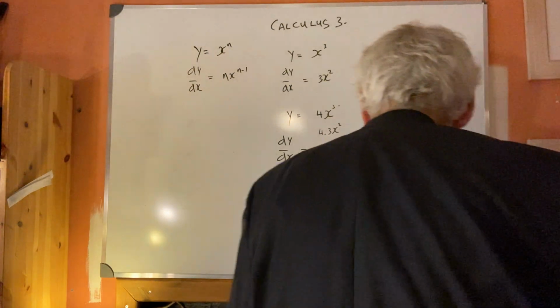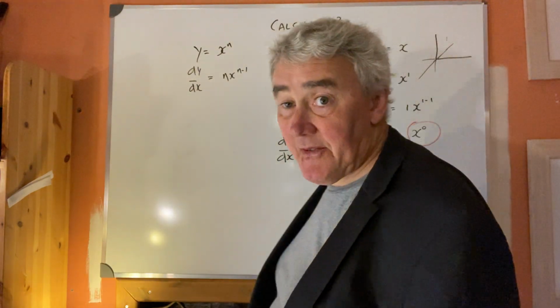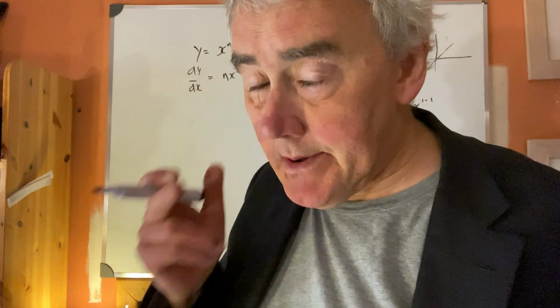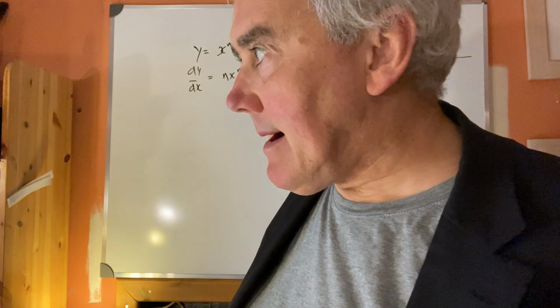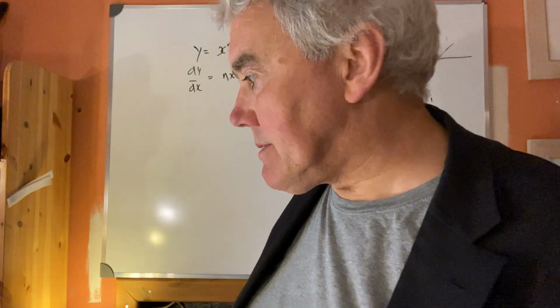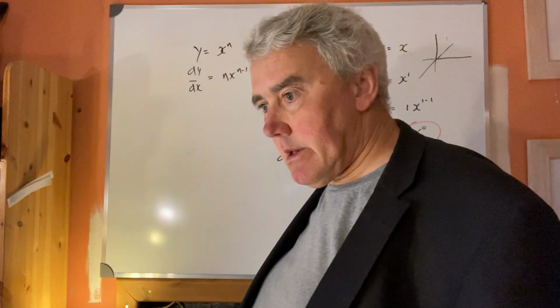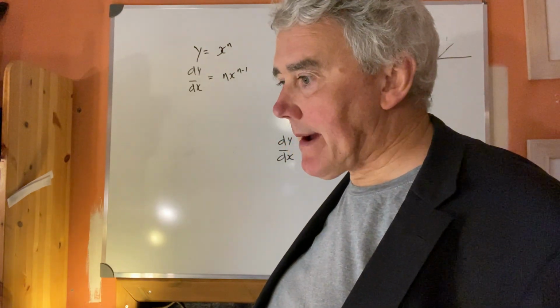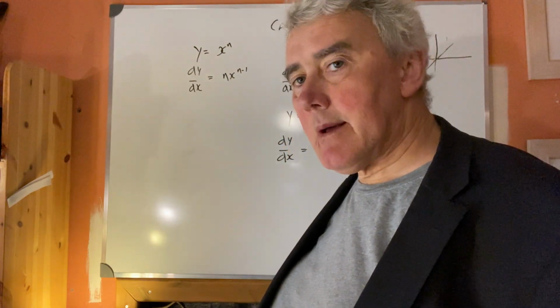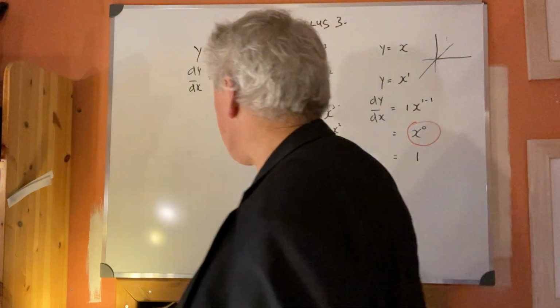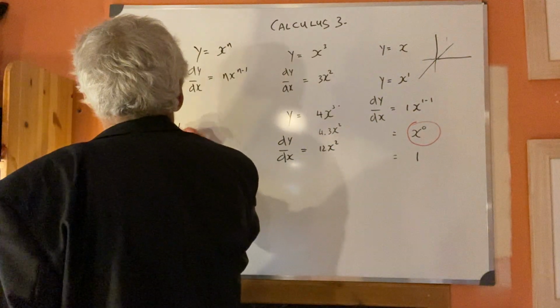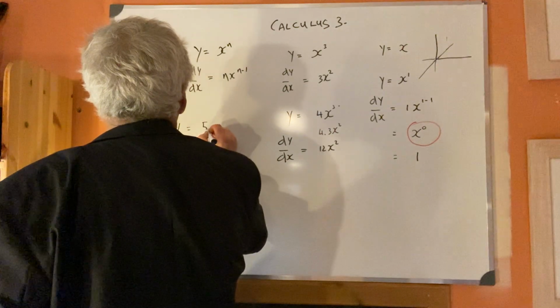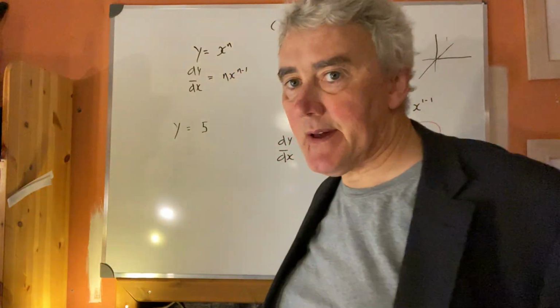And there are other bits and pieces we are now going to encounter. So if we're to differentiate a constant, let's say we have this here. It's just y equal to 5.